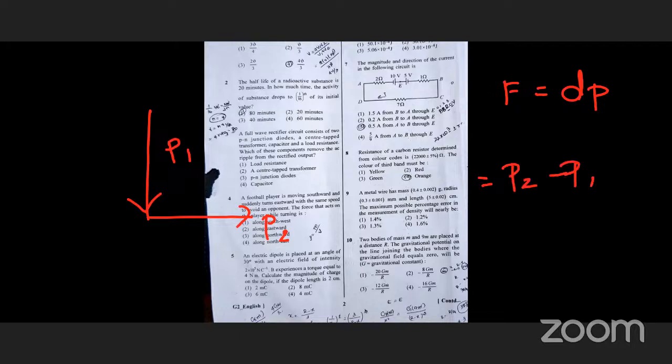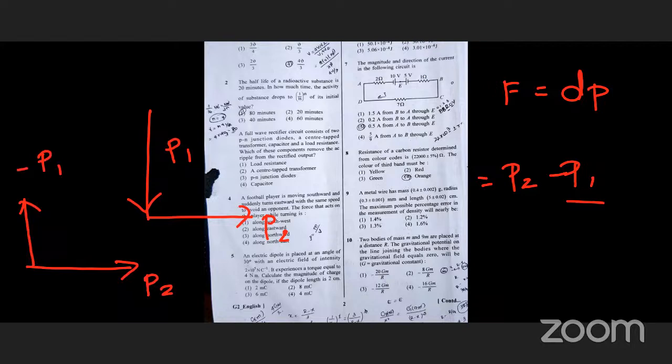By using vector subtraction, this is the p2 vector. We need to find the p1 vector, which is minus p1 vector, opposite to the p1 vector. This is minus p1 vector.